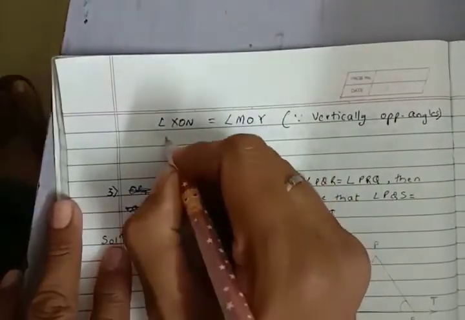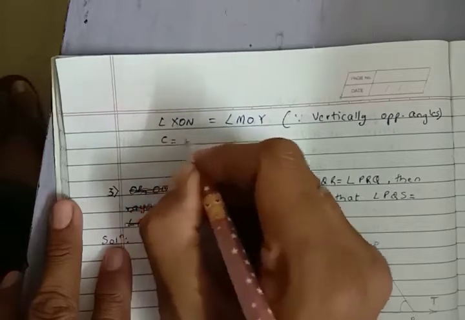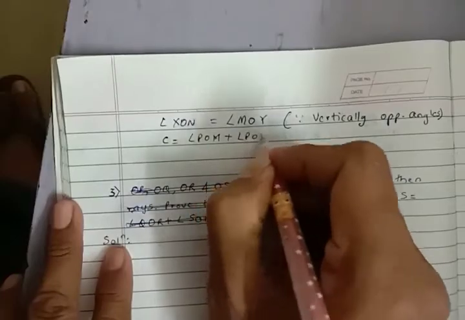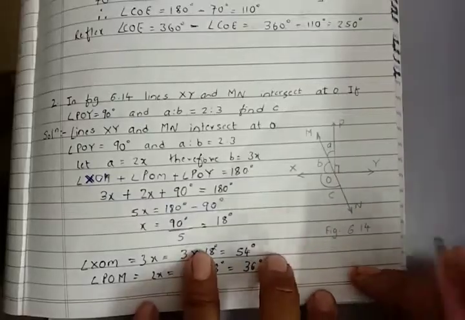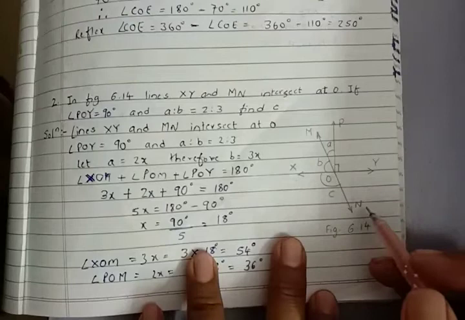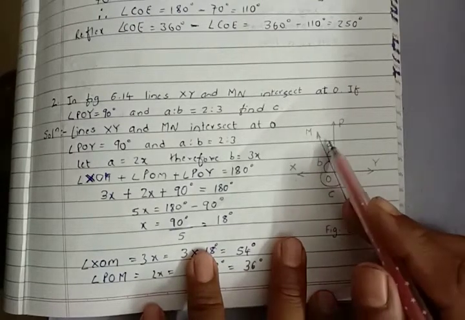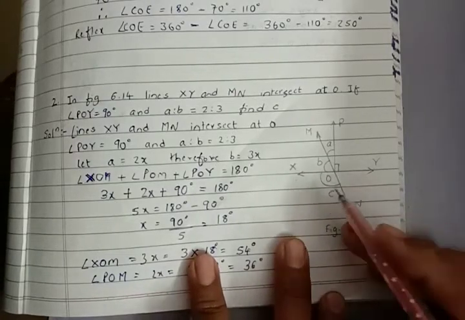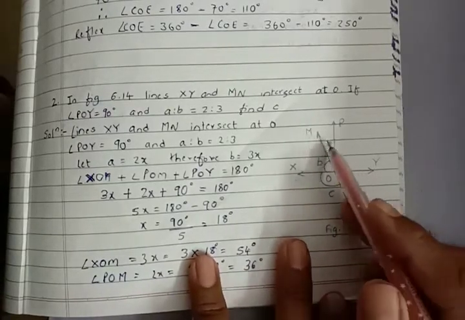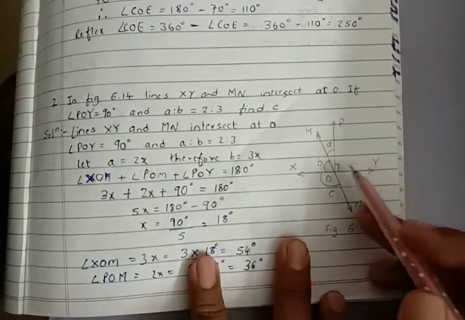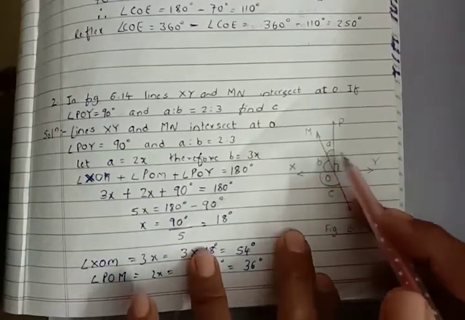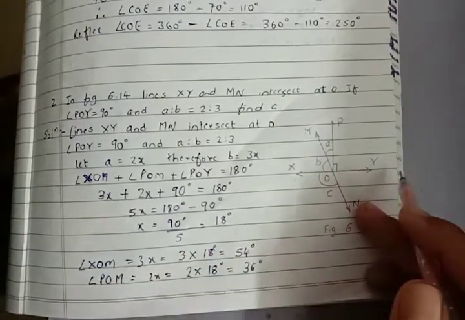And c is equal to angle POM plus angle POY. Now XON is equal to MOY because of vertically opposite. Now XON is what? c, right? And we know that MOY is equal to MOP plus POY. Summation of both these angles will give you MOY, right? So we will write it down.